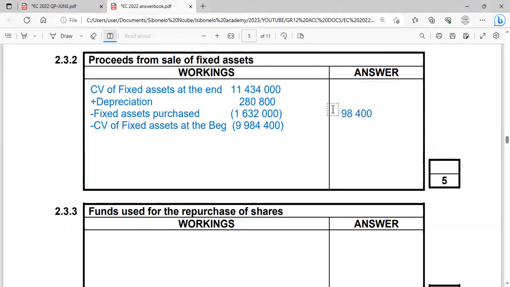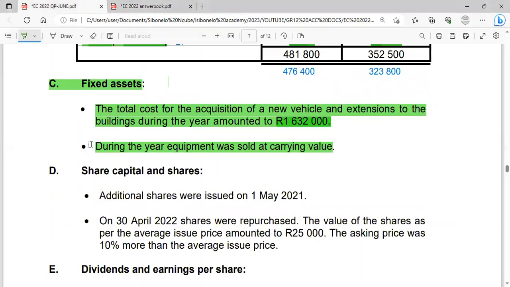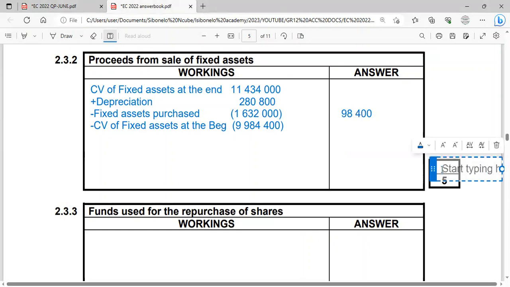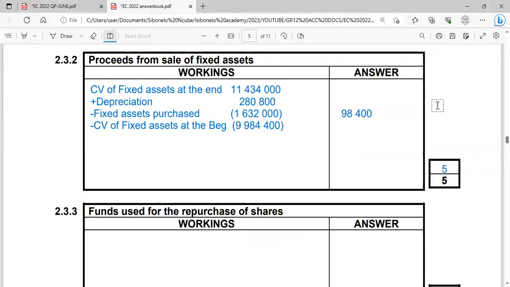So here we are told that during the year, equipment was sold at carrying value. So we sold an equipment, and by selling this equipment, we received how much? We received 98,400. So this is an inflow because we sold an asset, and when we sell an asset, we receive cash. So this one is an inflow. So guys, by doing this, you have earned yourself 5 marks.